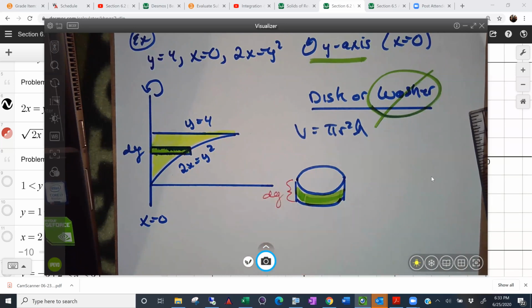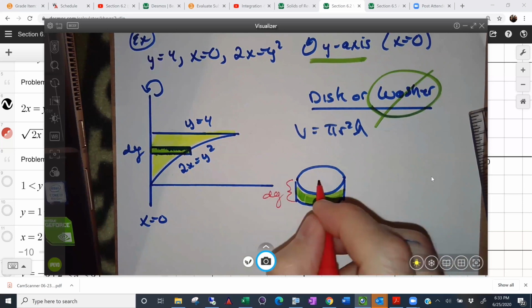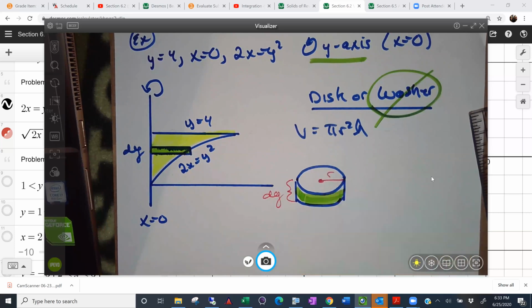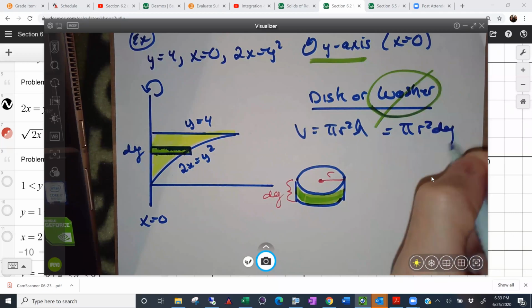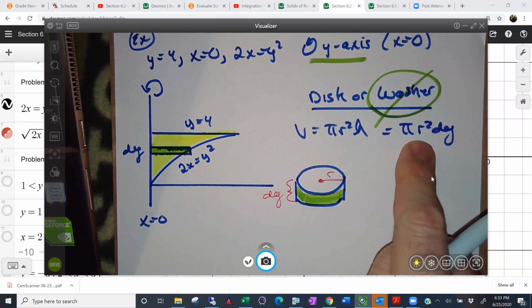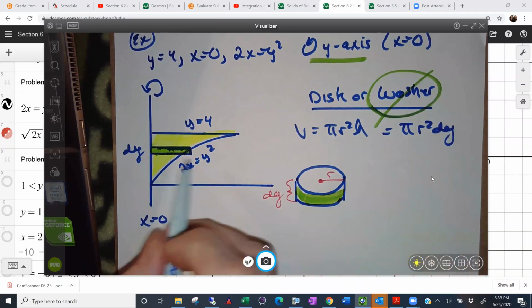That's going to be dy. And then when you rotate this around, it's going to have some radius r. But the dy is a good place to start, because that tells me that r has to be some function of y. It has to be y equals something.